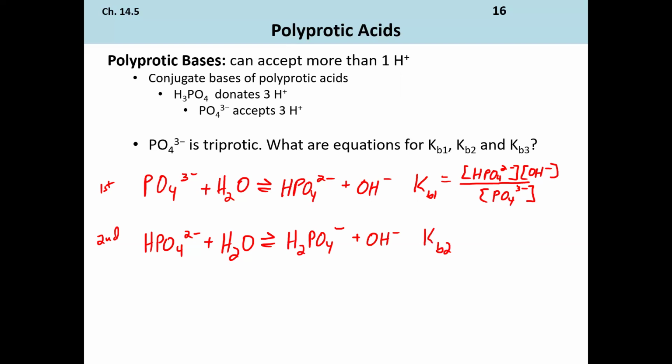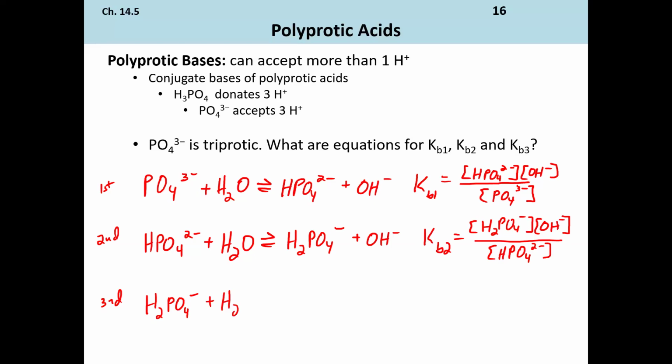This will be KB2. And then this can gain one more proton to become H3PO4, the phosphoric acid.